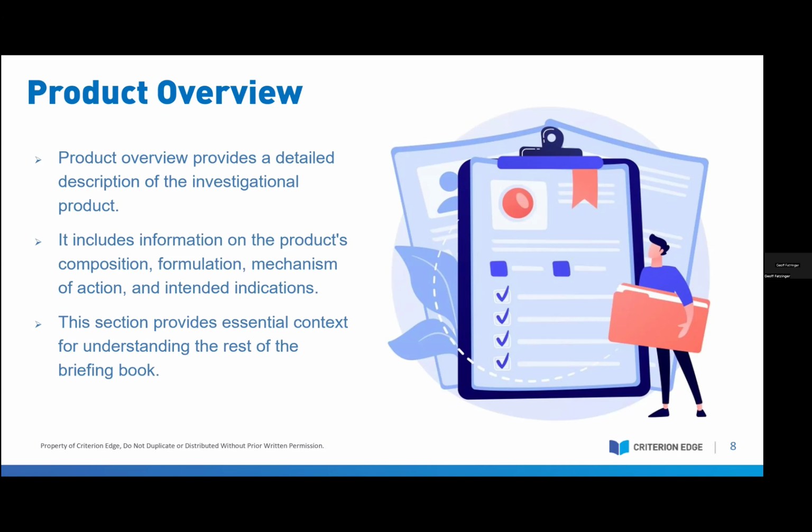Why should they help you get into humans? So the product overview needs to be accessible, meaningful, and readable. So in other words, it can't just be text. You can't take it out of a protocol synopsis and drop it in there and think they're going to understand.